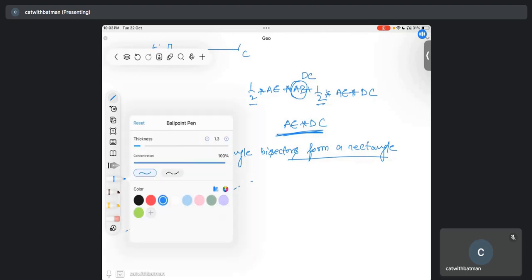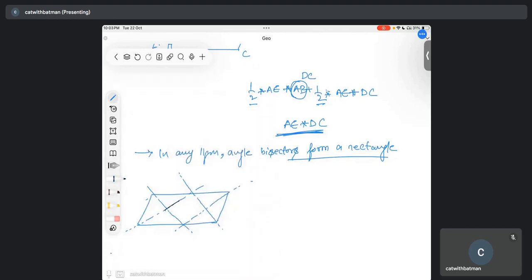So the triangle that is formed here, that you see, this is a triangle. Remember that.